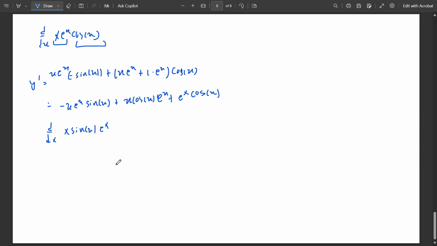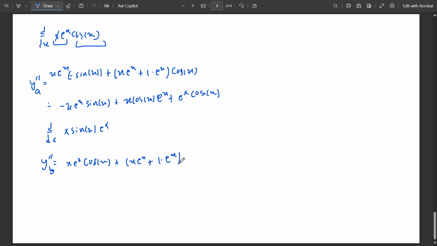Okay, we have the same idea, y prime. This is the first component as y prime a, y prime b. So we have x e to the x as the derivative of sine of x is cosine of x, and then plus, by our derivative inside, is x e to the x plus 1 times e to the x.